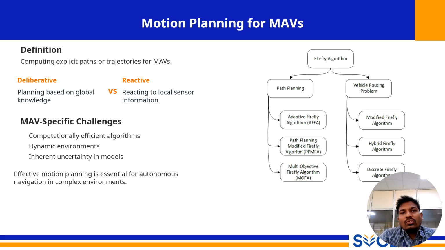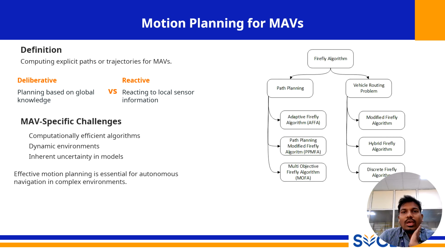The second approach is reactive planning, which involves reacting to local sensor information. This is more like navigating without a map, using only what you see directly in front of you to avoid obstacles and move forward towards your goal.